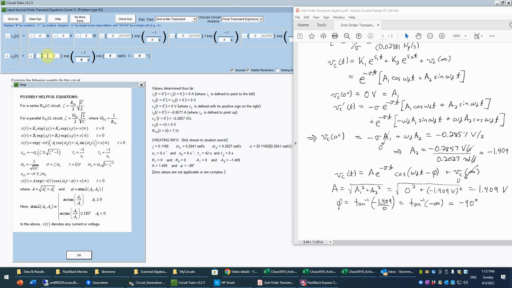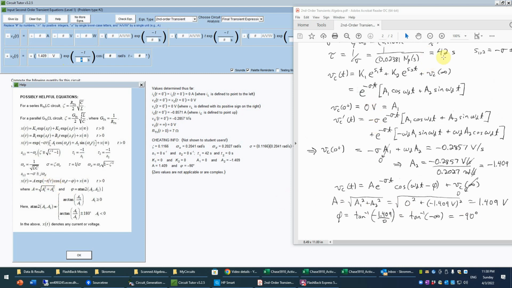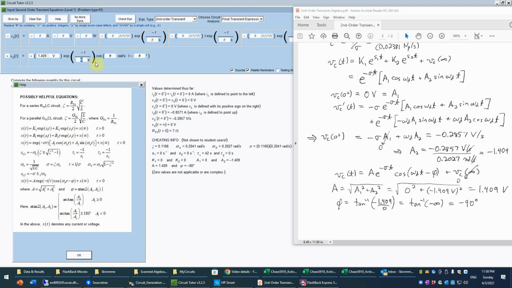Then the A value is the prefactor, based on this formula, which was 1.409, so we enter that. Then the e to the negative t over tau part: the tau we computed a little higher was 42 seconds, the reciprocal of the sigma parameter. So that's just 42.